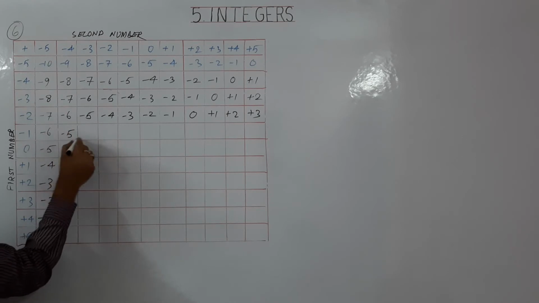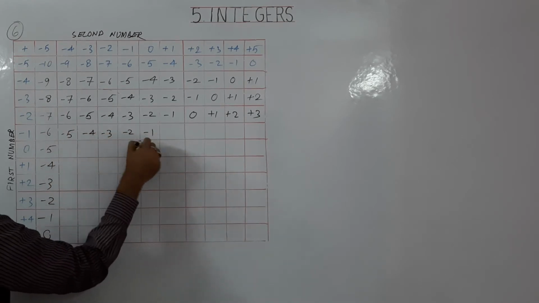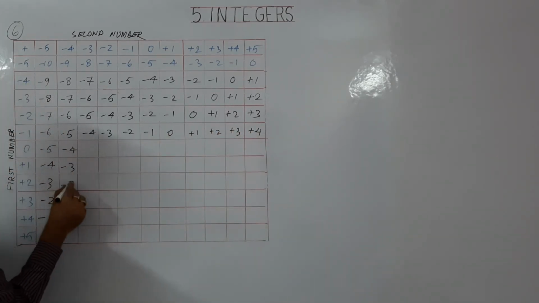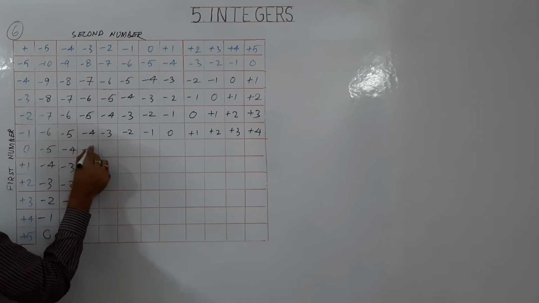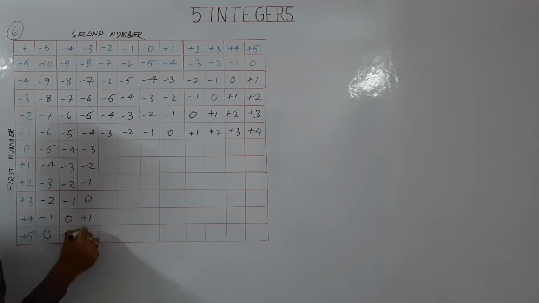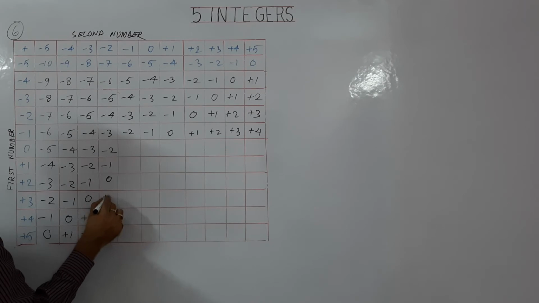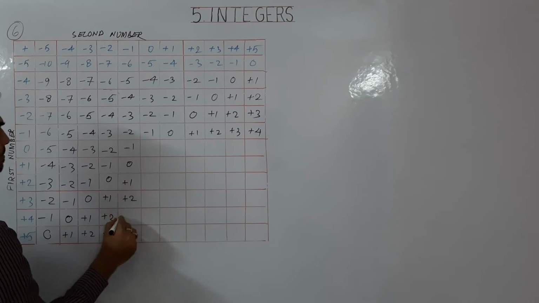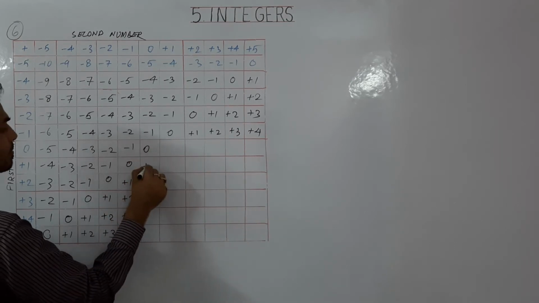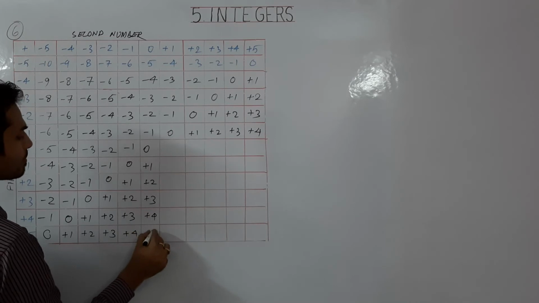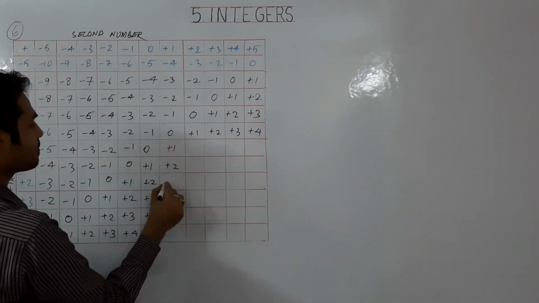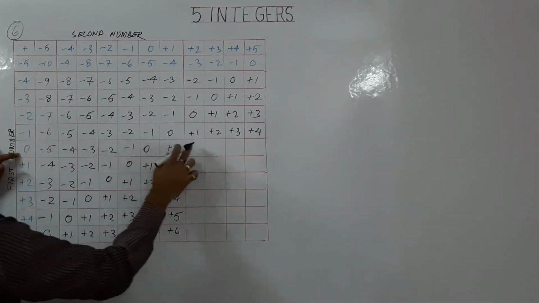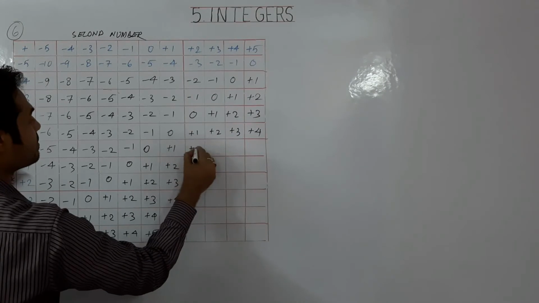After minus 6, minus 5, minus 4, minus 3, minus 2, minus 1, and so on. Again, 0 plus 2 will be plus 2.